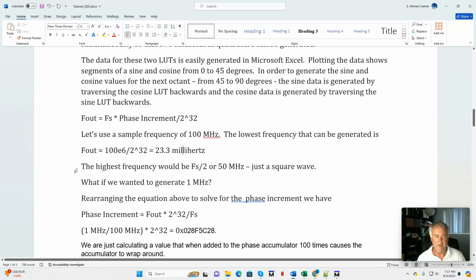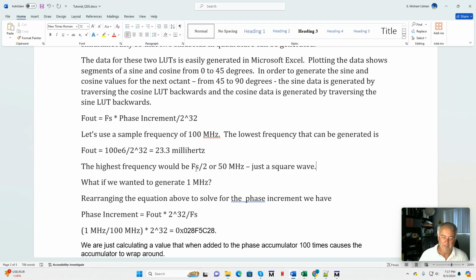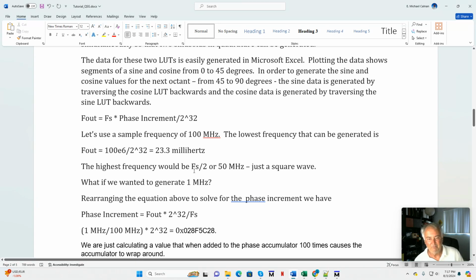The highest frequency, obviously, would be F sub S over 2, but that's not very useful because if you're hitting just the 0 point and the midpoint of the sinusoid, it's always going to be 0. You're just going to be hitting the 0 point. So I don't typically try to run much above, say, 40% of F sub S and so forth.